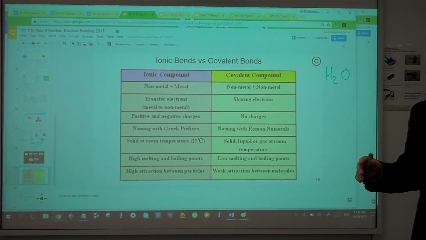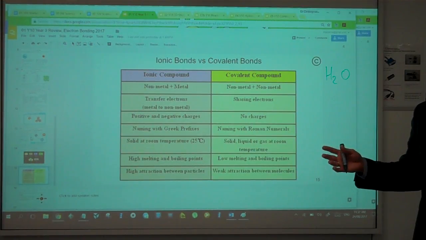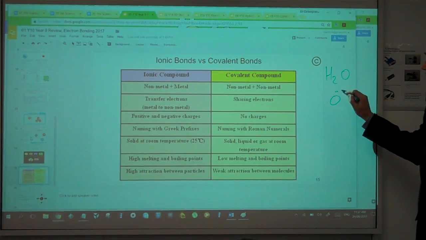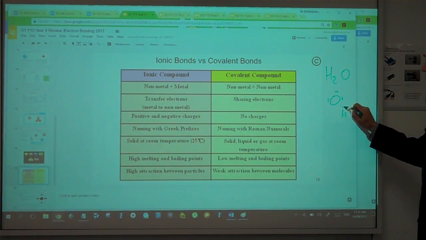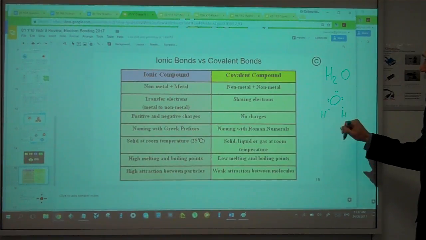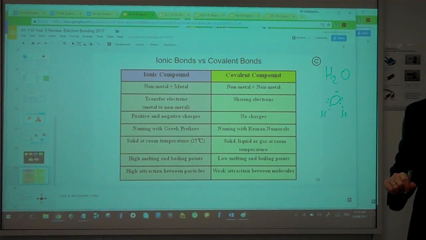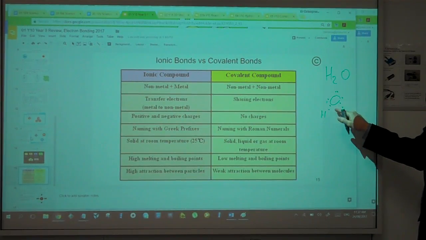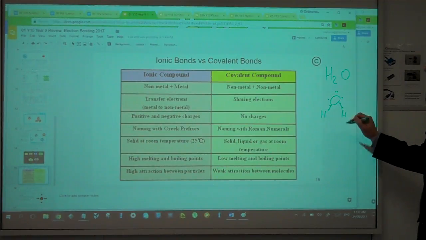If you have 6, how many do you want in your valence shell? 8. Right, so there's oxygen with its 6. Hydrogen has 1 in each case, and in order to get that valence shell configuration, oxygen is going to share 2 to gain 2, and you get this thing happening.